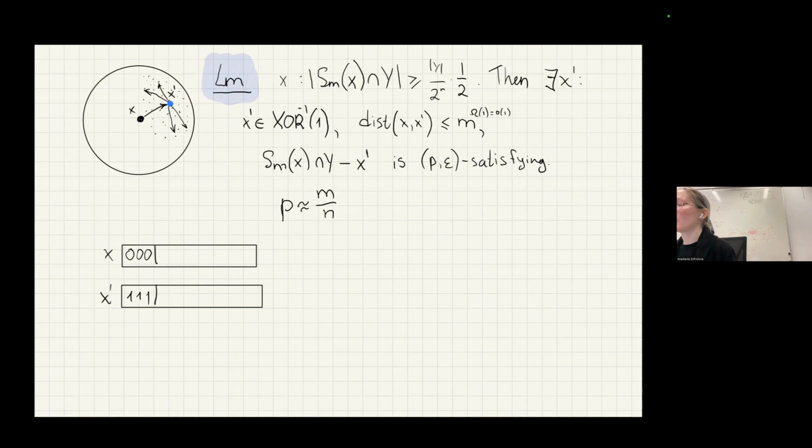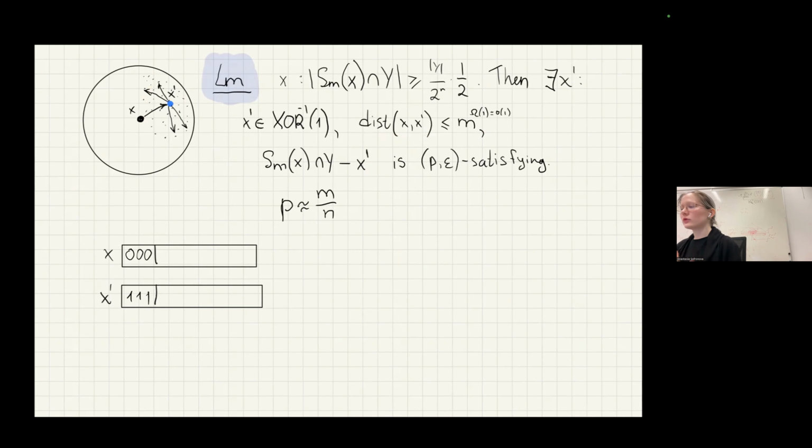And I also just reduced the distance from x prime to most of these points. And also just because when I'm moving this point over here, I'm kind of increasing the density of the set Y around this point compared to this point. So I won't have to fix too many bits in this way.